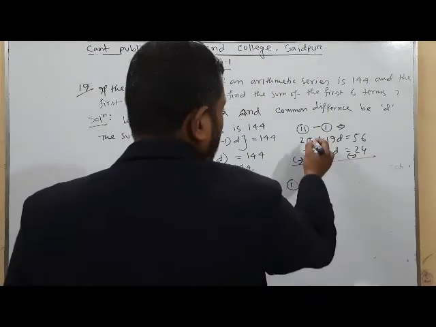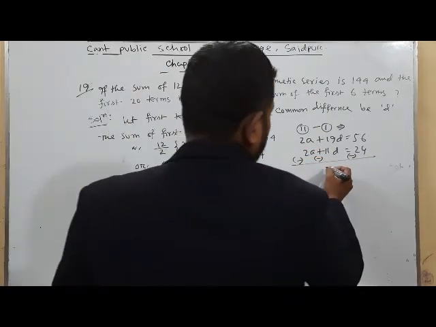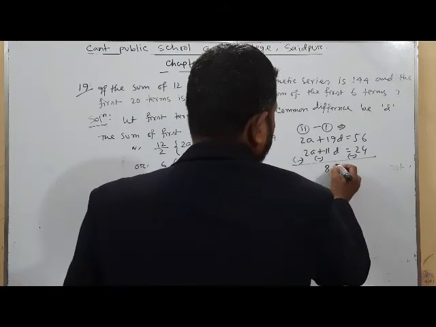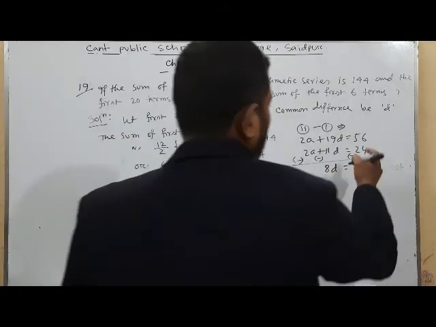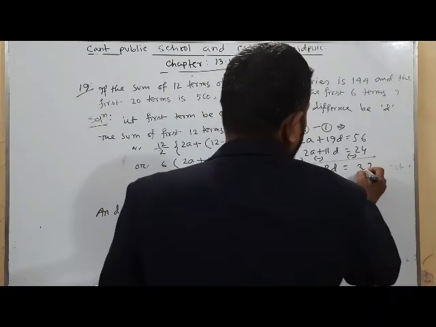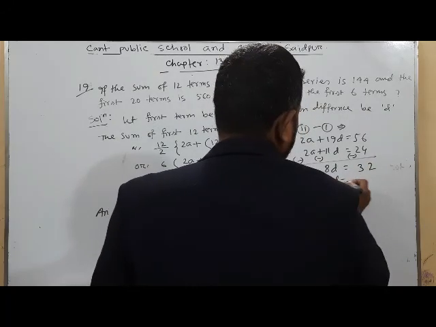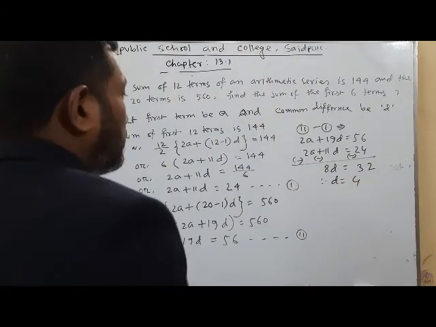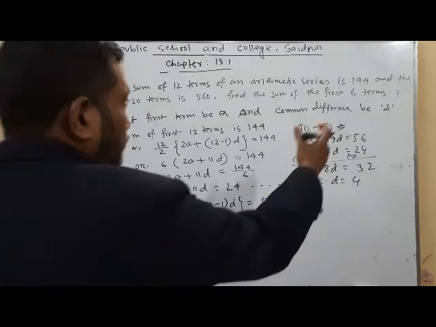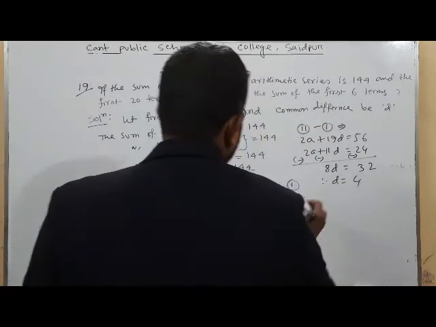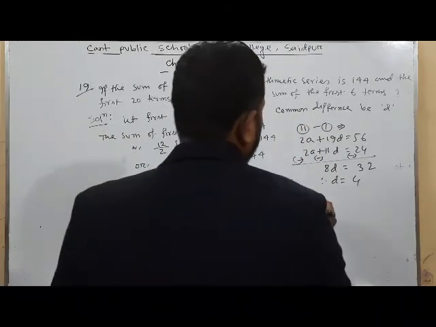The 2A will cancel, then we get 8D is equal to 32. That is D is equal to 4. So now I'll find the sum of the first 6 terms.